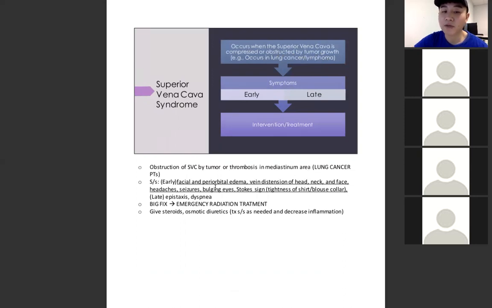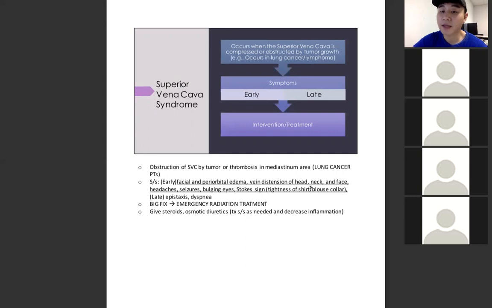Early signs include facial and periorbital edema. This is because the blood is obstructed from going down to the heart through the vena cava, so it causes pooling of the blood and leads to swelling of the face and the area around the eyes.